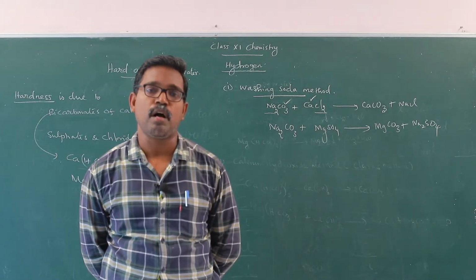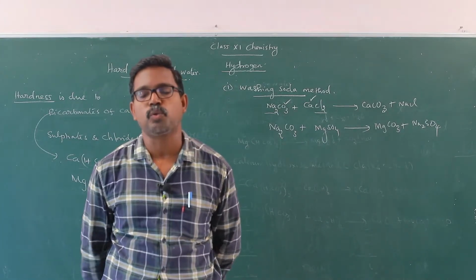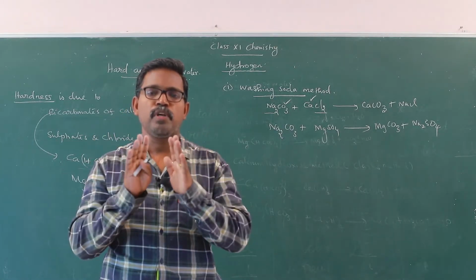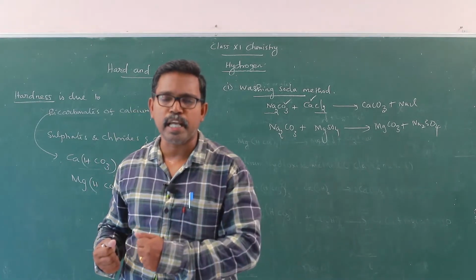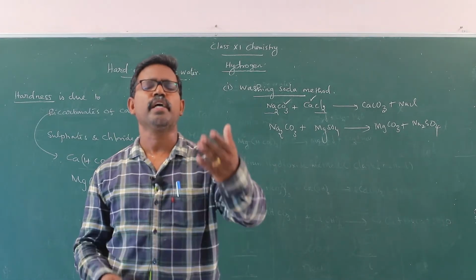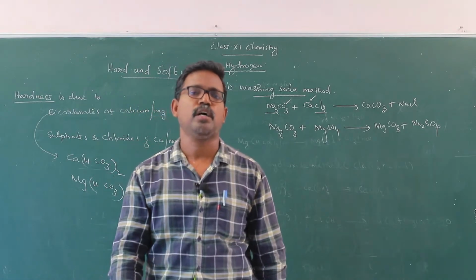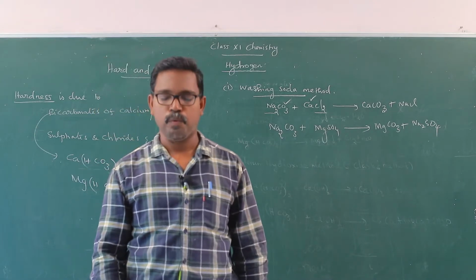Once the complex compound is formed, it further does not react with these water molecules. So, we are separating the complex compounds from the reaction mixture. We are getting the pure form of water. So, this process is called Calgon's method of purifying hard water.